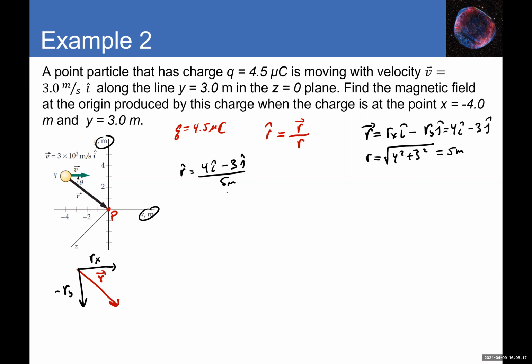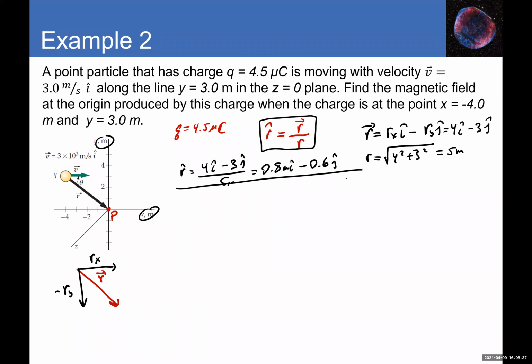Calculating this, 4 over 5 i hat gives me 0.8 i hat, and 3 over 5 j hat gives me 0.6 j hat. That's my vector R hat.